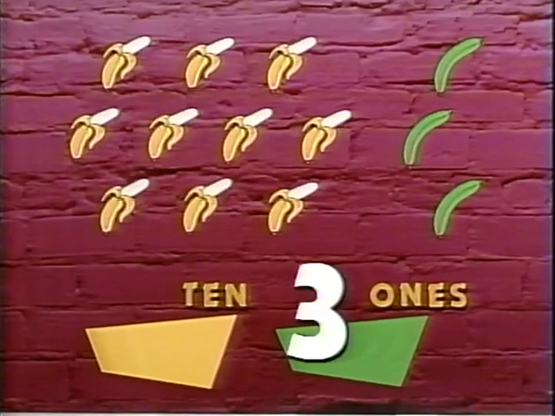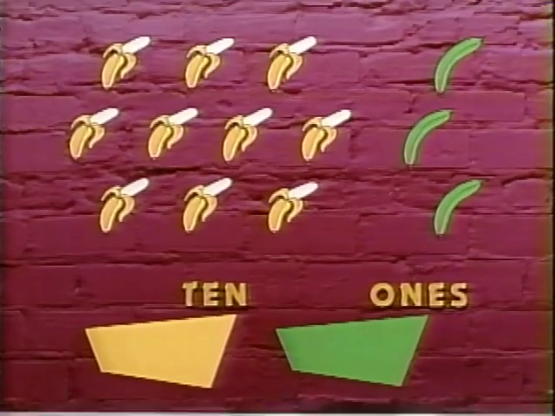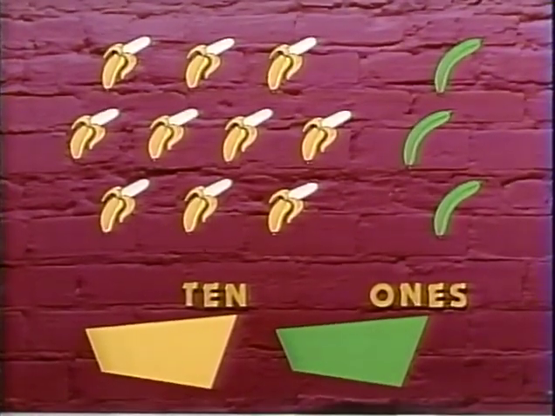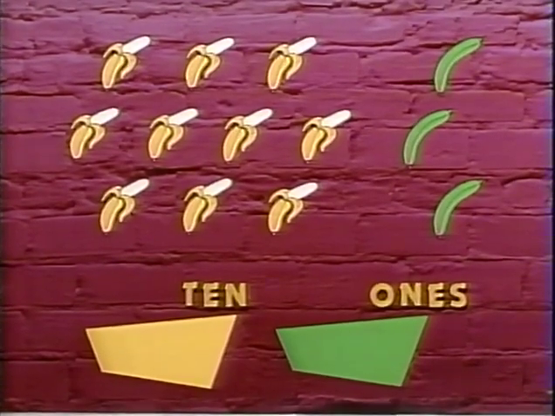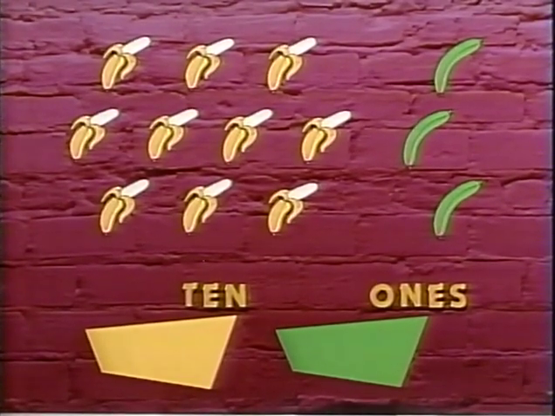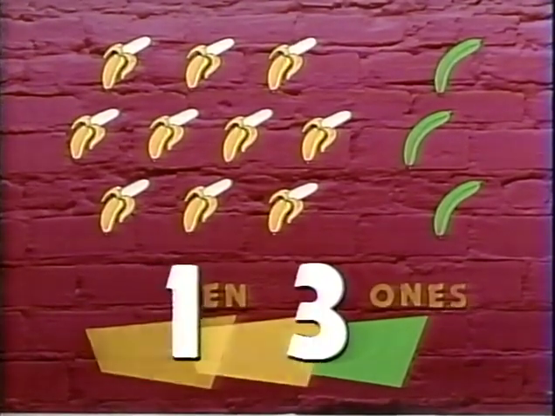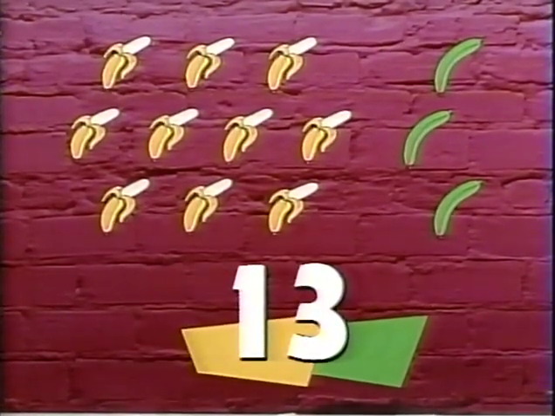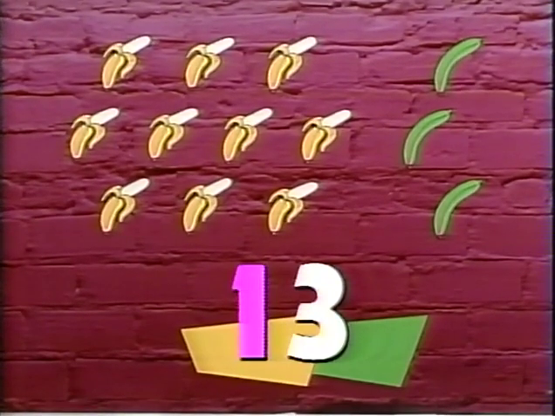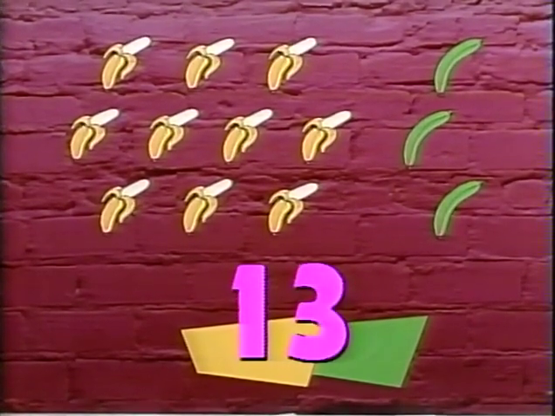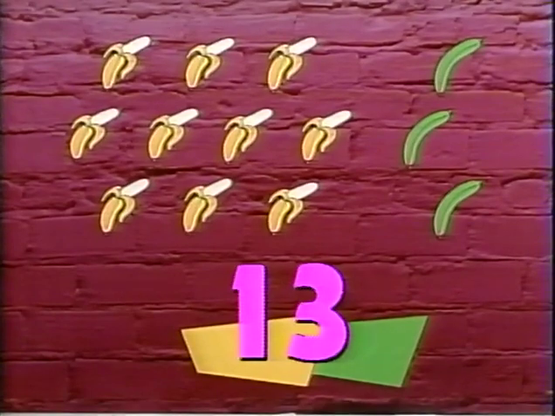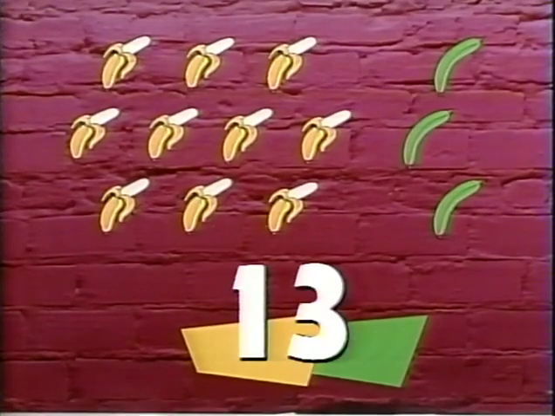There are 3 ones. How many bananas are there altogether? There are 13 bananas, 1 ten and 3 ones. We write the numeral 1 to stand for the number of tens and the numeral 3 to stand for the number of ones. Together they make the double-digit numeral 13.